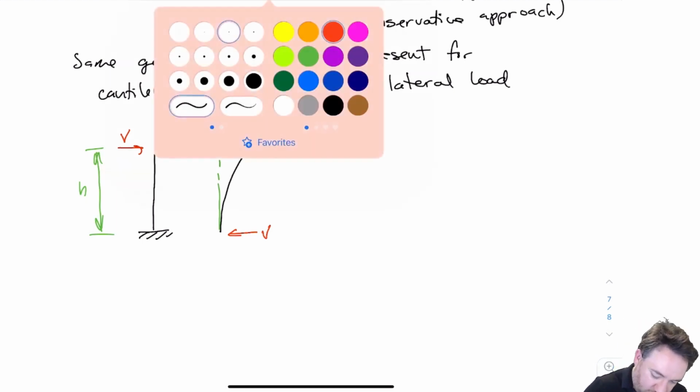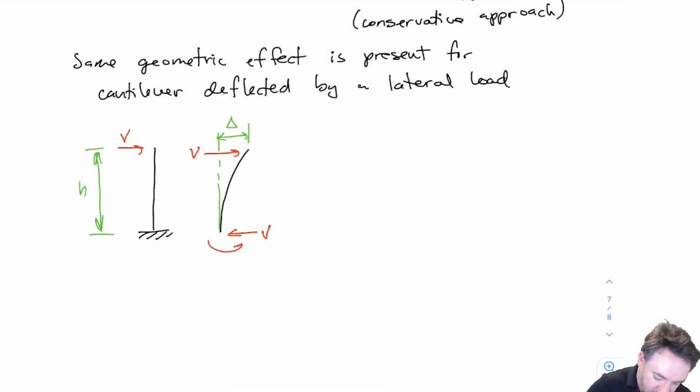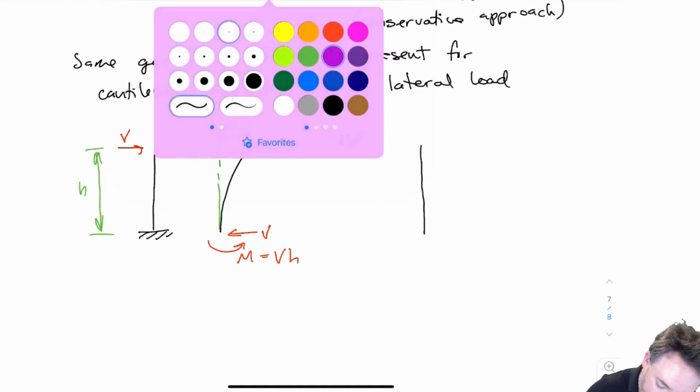Okay, obviously this free body diagram is not yet in equilibrium because I have a couple. So I have my regular moment, and this is just right now the moment caused by the couple. So it's VH. Okay, so if I were to draw my moment diagram for this, it would look something like this.